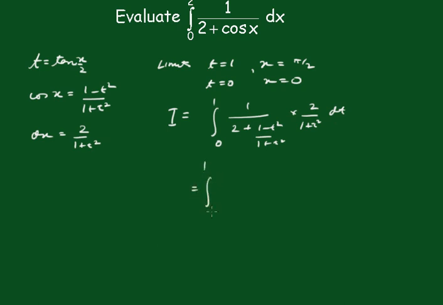Take the 2 at the front, that's 1 over, now these will cancel out. Before that happens, that goes up here, becomes 2 plus 2t squared plus 1 minus t squared dt. And of course that becomes the integral of 1 over 3 plus t squared dt.